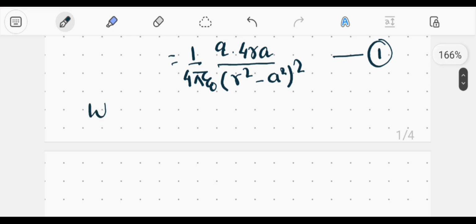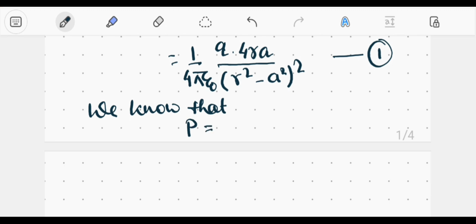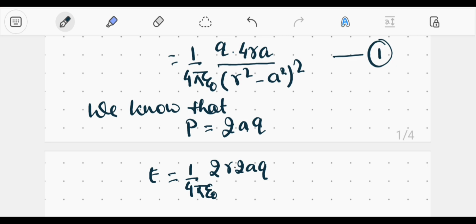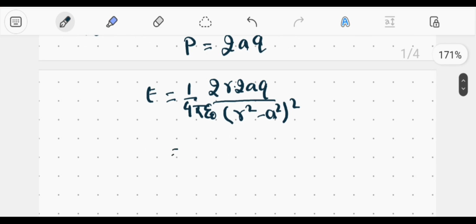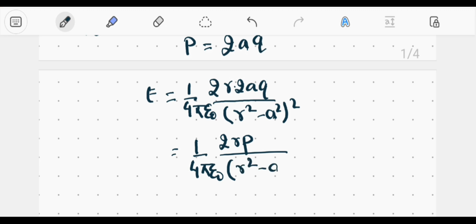Also we know that the dipole moment P is equal to twice a into Q, that is the length of the dipole multiplied by Q. So if we write equation 1 like this, sorry, my mistake, vector E, that is the electric field intensity, equals 1 by 4 pi epsilon naught, 2 into r into 2aQ divided by (r square minus a square) whole square. 2aQ is nothing other than P, therefore it will be the dipole moment P divided by (r square minus a square) whole square.